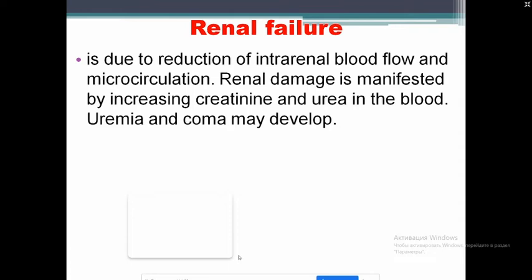Renal damage is manifested by increasing creatinine and urea in the blood. Uremia and coma may develop. But renal failure, dear students, usually is mixed with toxic shock, for example.